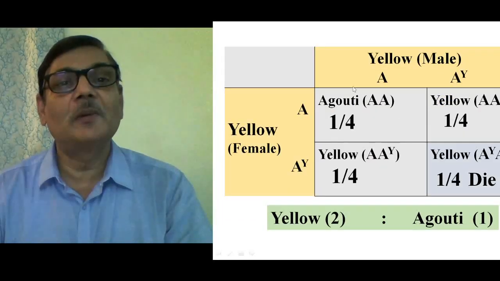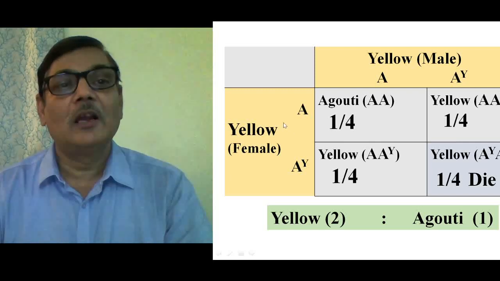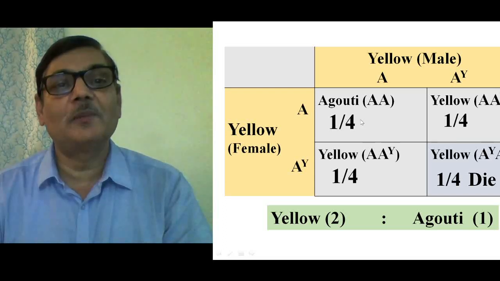We can also understand this by seeing this particular cross. A male individual which is heterozygous will be of genotype AA^Y, and the female of yellow phenotype will also be of the same genotype, AA^Y. So two types of gametes will be formed in the male, that is A and A^Y. In the same way, in the female also, 50% of gametes will be of A type and the remaining 50% A^Y types. Then there would be random fertilization of gametes, and you will have AA types 1/4, that is 25%.